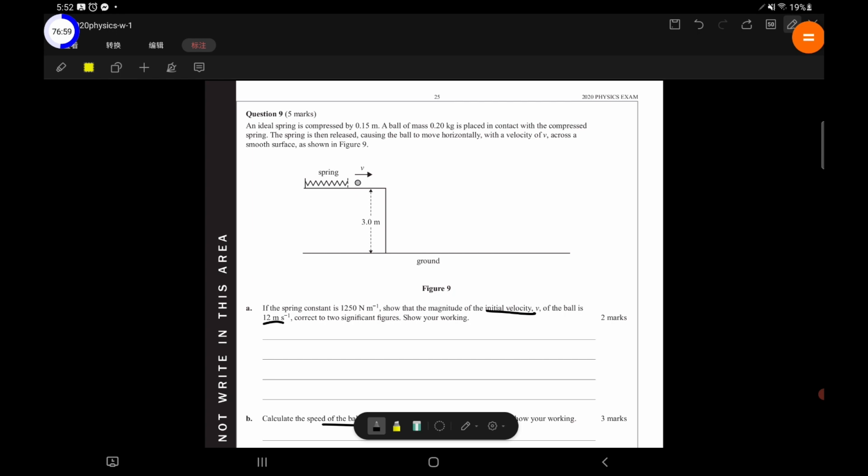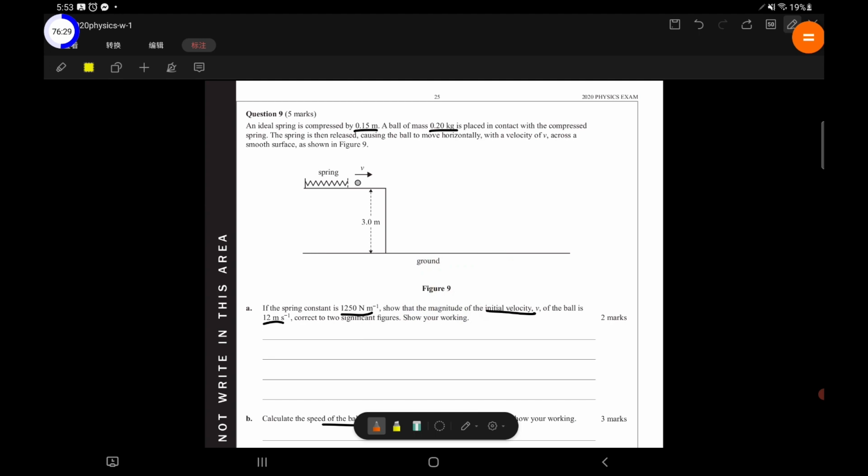Well, we know for a fact that the spring is compressed by this much distance and that the mass of the ball is 0.2 kilograms. And we also know the spring constant. So let's try to relate those values to the speed of the ball as it is launched.